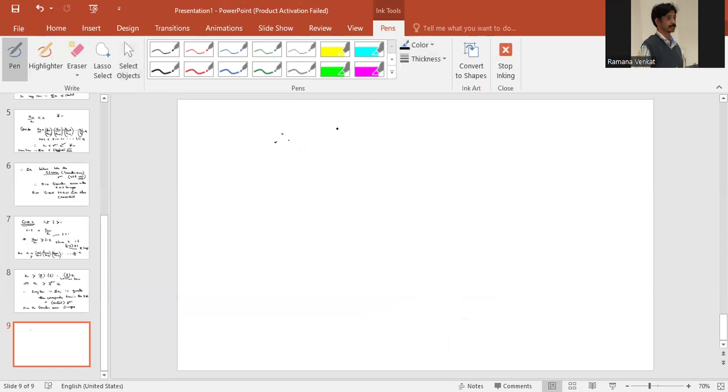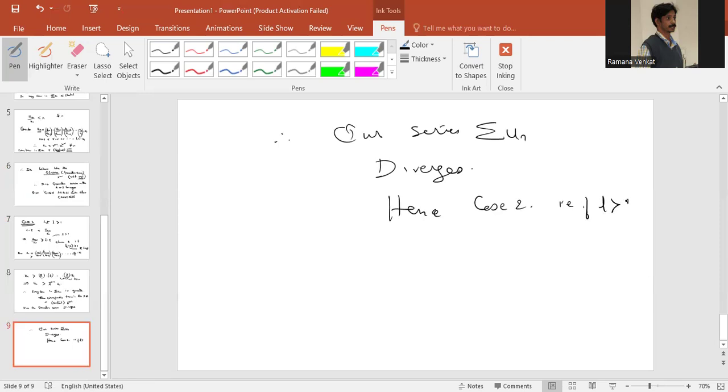Therefore our series summation un diverges, because every term is greater than the corresponding term of a divergent series. So eventually the sum is going to go to infinity. That's what we claim. So hence case 2, that is if L is greater than 1, summation un diverges. That ends the proof.